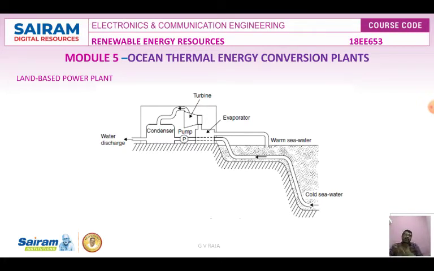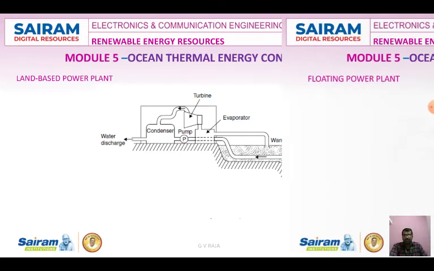It has to be carried through the pipes. The only advantage is that electrical transmission lines and connectivity to the power grid are very easy if it is land-based, because once power is generated, we can put it on the grid and transmit it directly to the powerhouses. That is the major advantage of the land-based power plant.